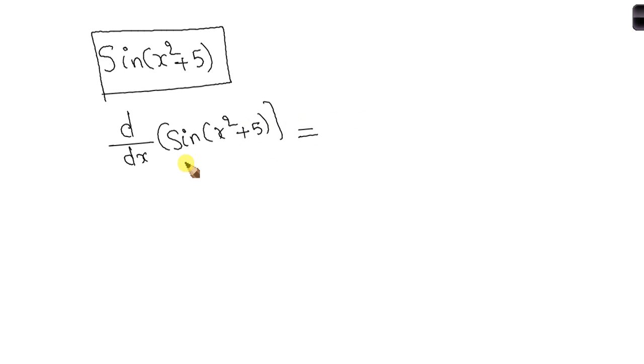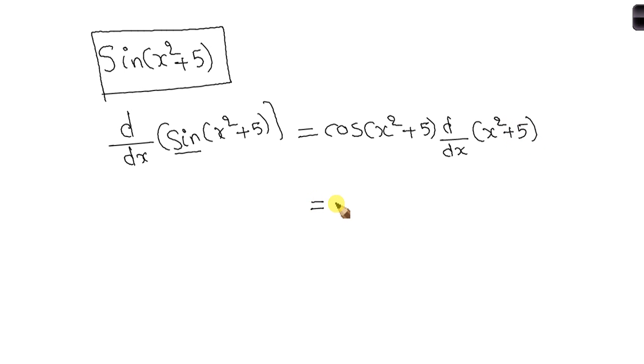So derivative of sine function is cos, so it becomes cos of x square plus 5 into derivative of x square plus 5. That is cos of x square plus 5 into derivative of x square plus derivative of 5.